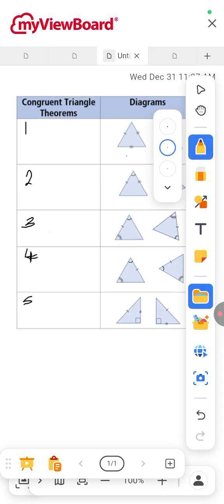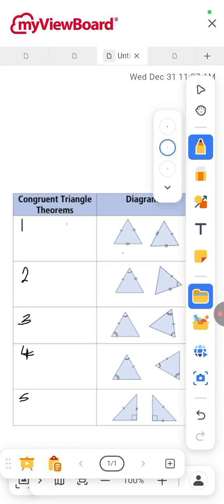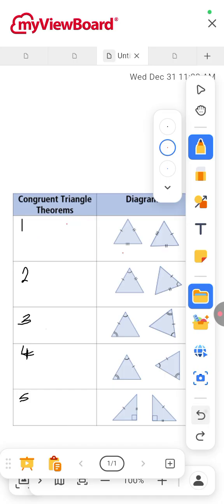Looking at the diagram, just write the numbers in the blank space and tell me the condition for the congruency. Looking at these two triangles, are they congruent? If they are congruent, state the condition for the congruency. Then look at this one as well. Are they congruent? If they are, state the condition for the congruency.